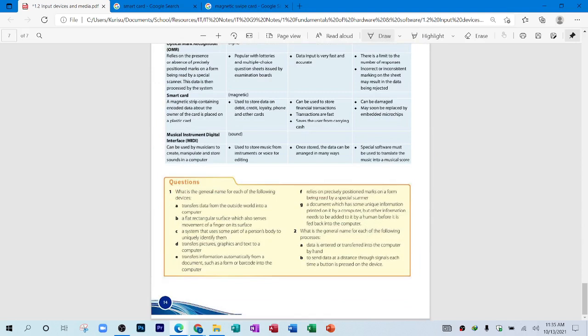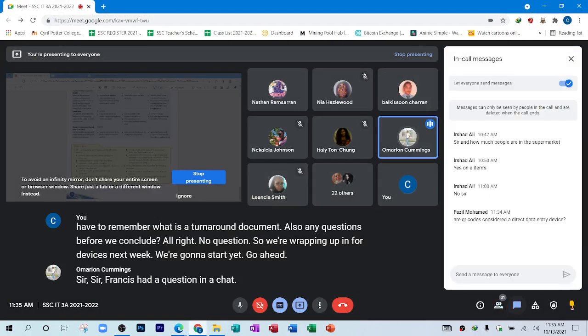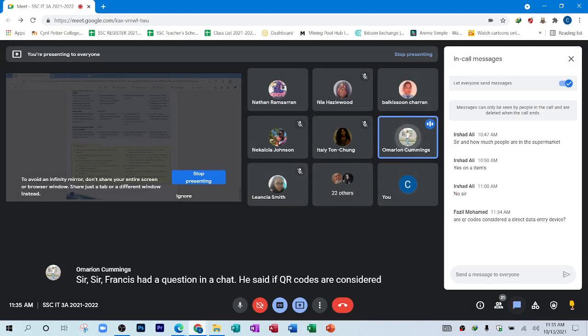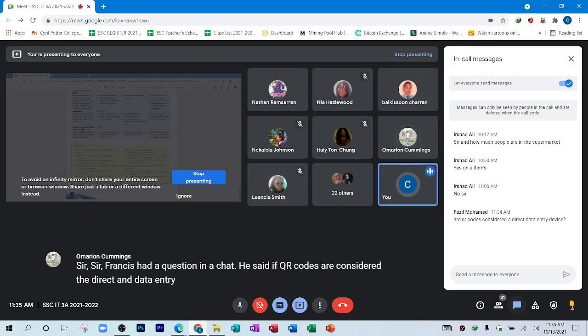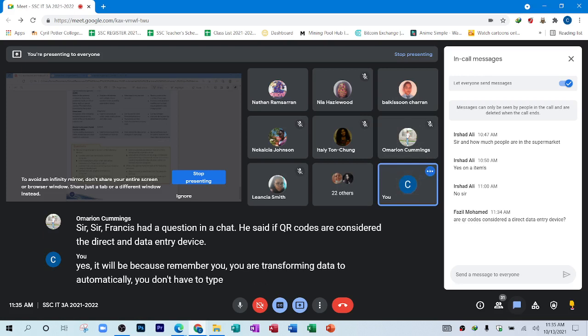Sir Fazil has a question in the chat. He asked if QR codes are considered a direct data entry device. Yes, they are, because remember, you are transferring data automatically. You don't have to type in any data.